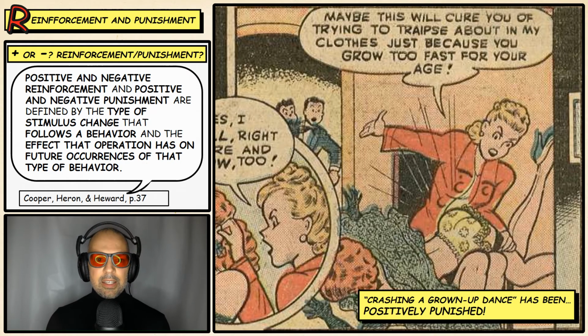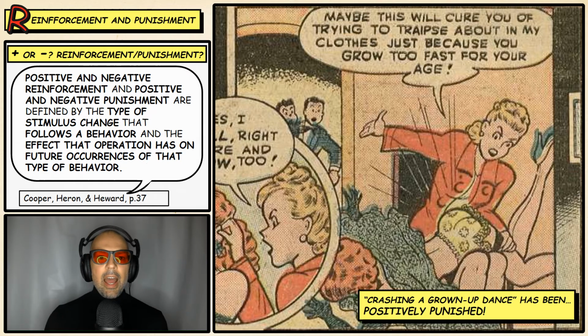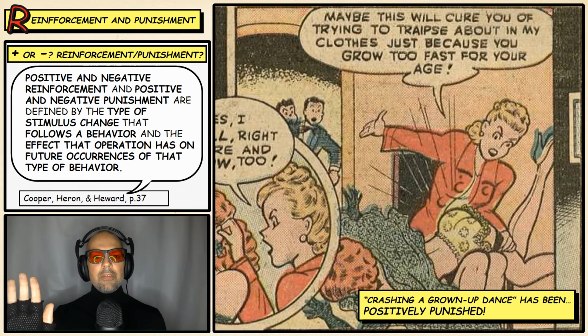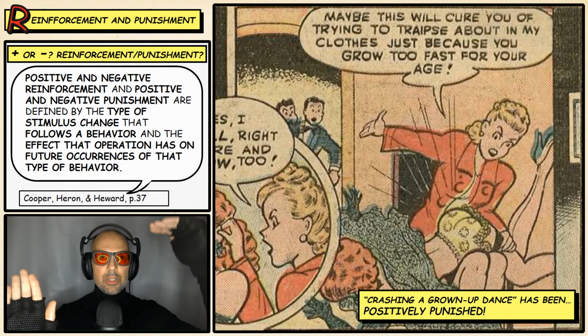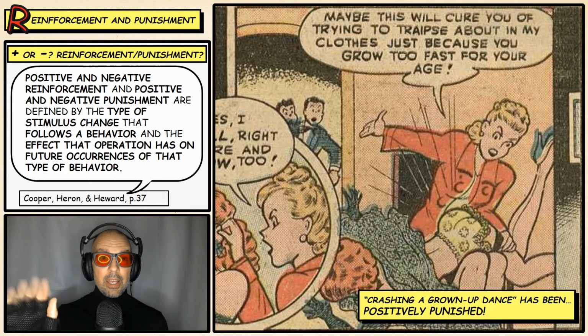And the spanking in this case was something that was added to this girl's environment. It was something that was added to this girl's experience. And if that addition of the pain from getting physically punished, if that addition leads to a decrease in this crashing of a grown-up dance, then that crashing of a grown-up dance has been positively punished.